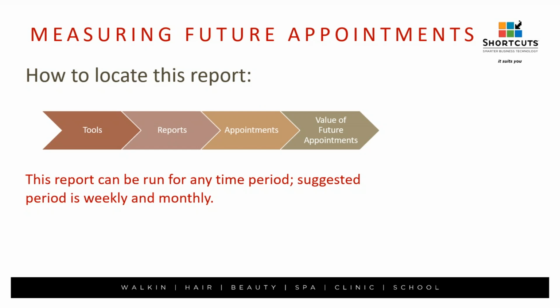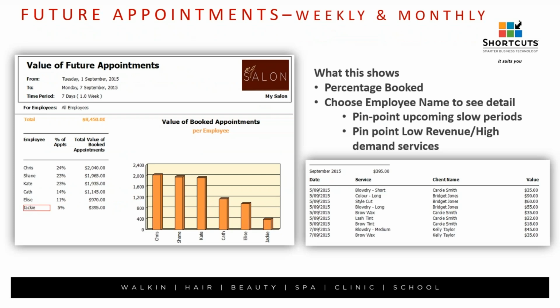So what is important in that particular report? What are the numbers that you're looking for? So for your particular salon, if you need to look at what the future appointments are for individual staff members, you'll actually get a breakdown of them, what the value is estimated for each of these appointments. So of course, this is the value of the appointment just on services.